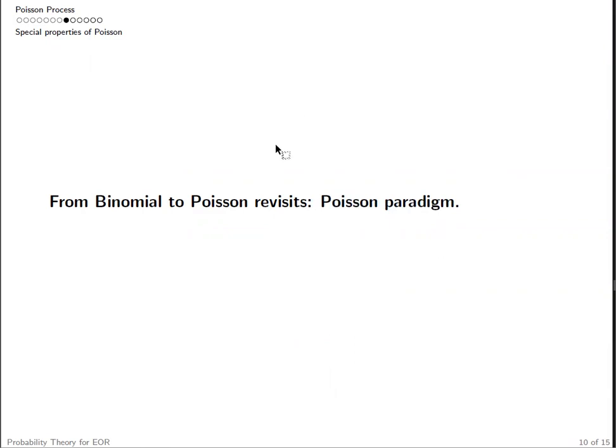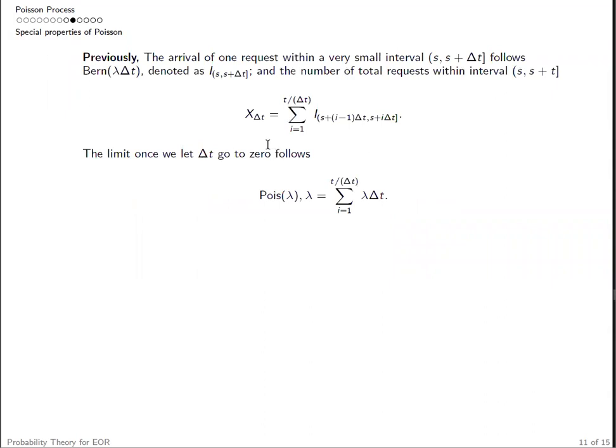So what is a Poisson? How do we introduce the Poisson distribution to start with? Well, we start with Bernoulli distribution and binomial distribution and show the limit, right? This is what we have done previously. We started with a summation of indicator random variables, each of them with a very small success rate, given lambda delta t is an arbitrarily small number.